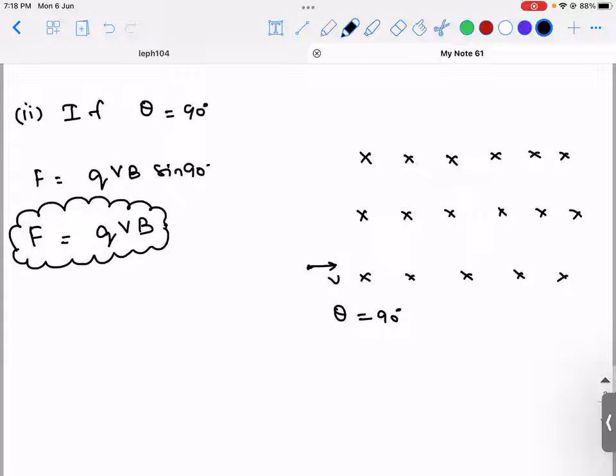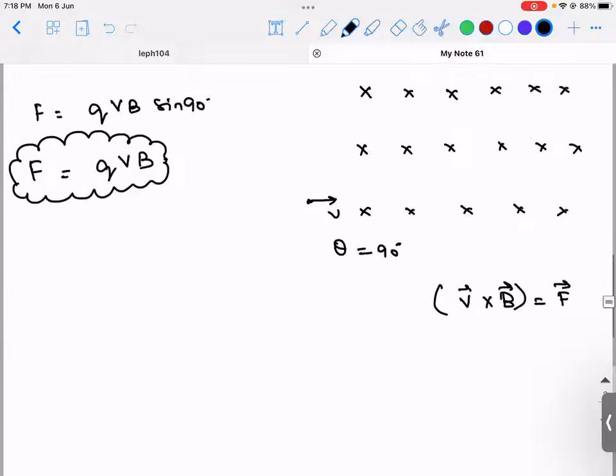Right. Now another question that we are supposed to answer is, when you're doing the cross product between velocity vector and magnetic field vector, how is F vector with respect to velocity and the magnetic field? Yes. So F vector is perpendicular to both V vector and B vector.